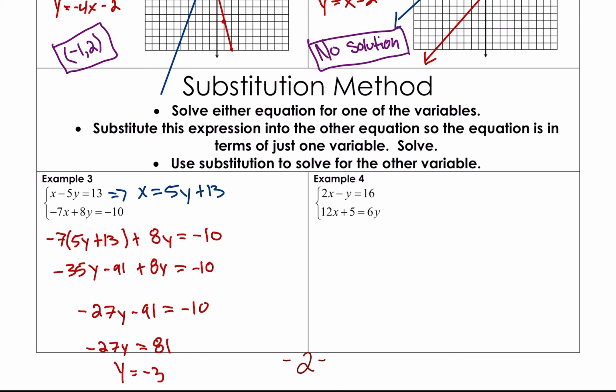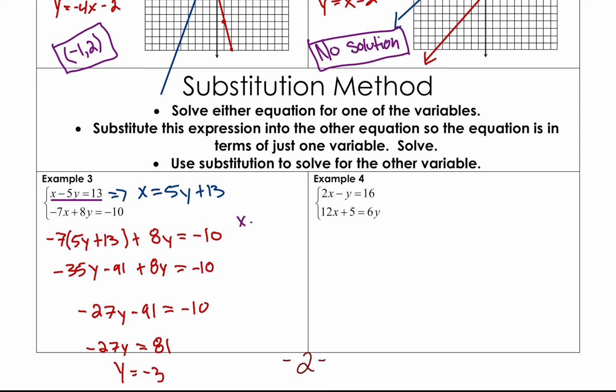Okay, so now I've solved for y, but remember I need an x and a y. So now I take what I know y is, -3, and I can plug it into any of these equations up top here. If y equals -3, I'm going to choose to do this first equation right here, and rewrite that with -3 instead of y.